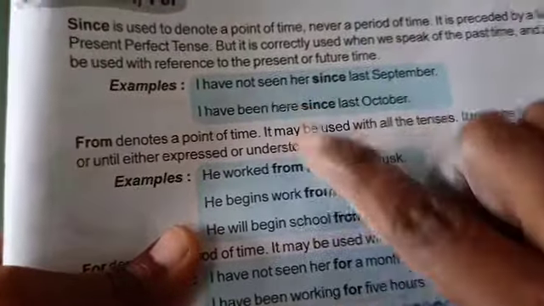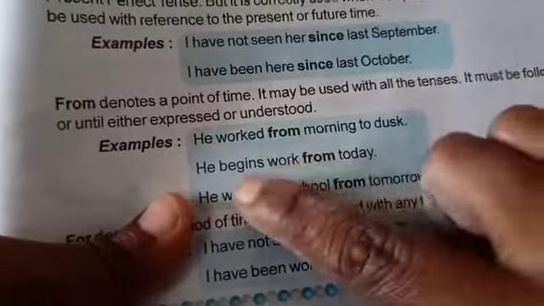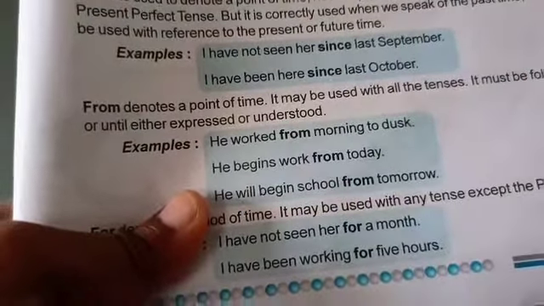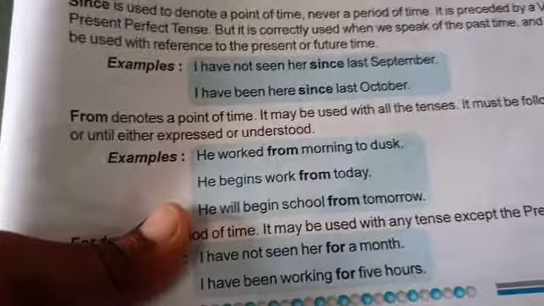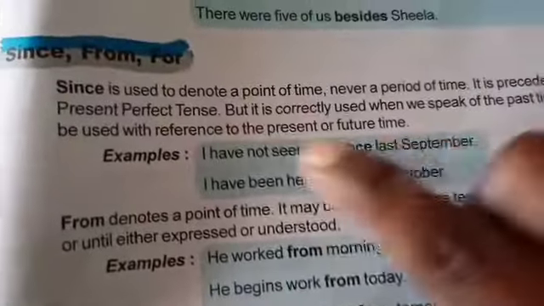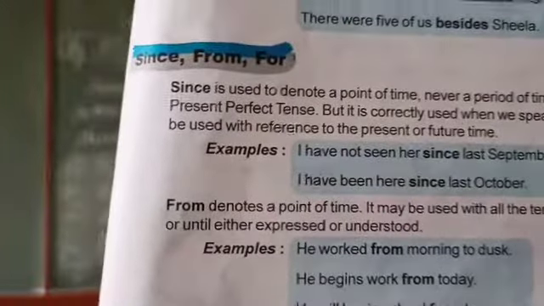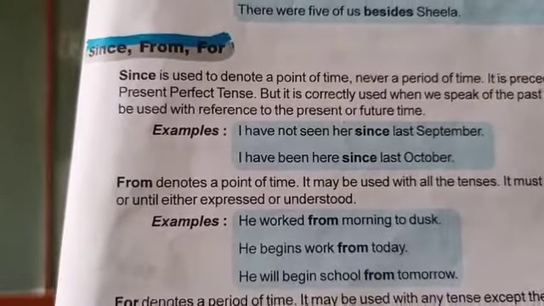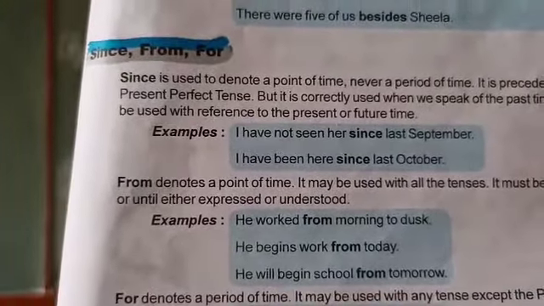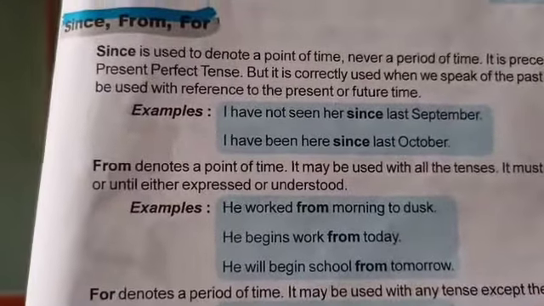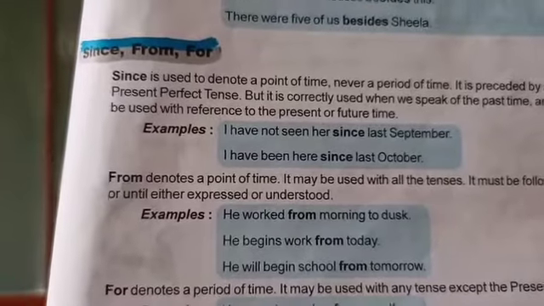See, from today, he begins the work from today. So here the timing is given कि आज से काम शुरू हो रहा है, right? Not for long period of time. Let us read this. Since is used to denote a point of time. It is preceded by a verb in present perfect tense, but it is clearly used when we speak of the past time.